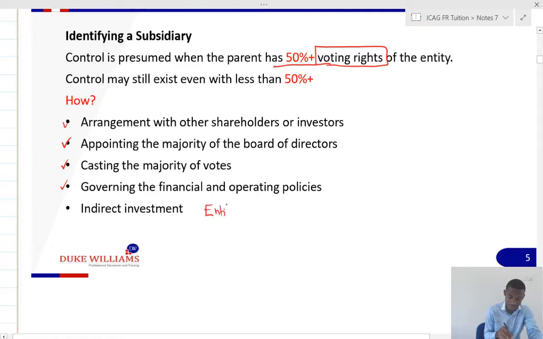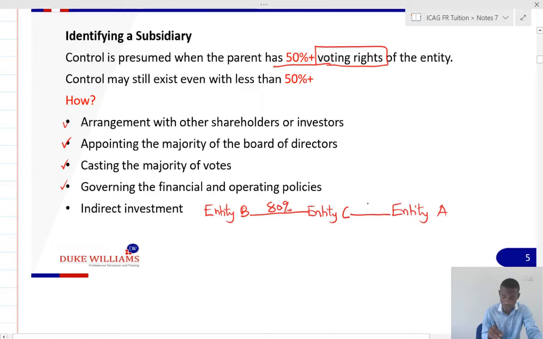We have entity B, entity C, and entity A. Let's say entity B owns 80% of the ordinary shares of entity C, and entity C in turn owns, let's say, 70% of the ordinary shares of entity A.